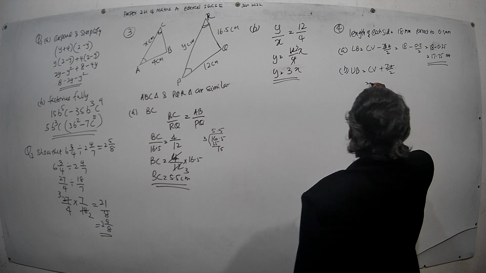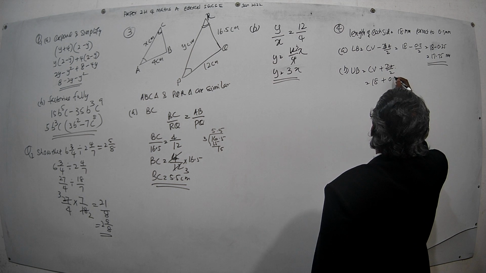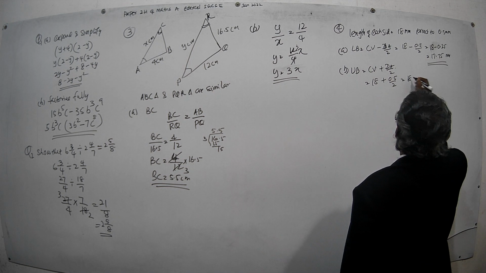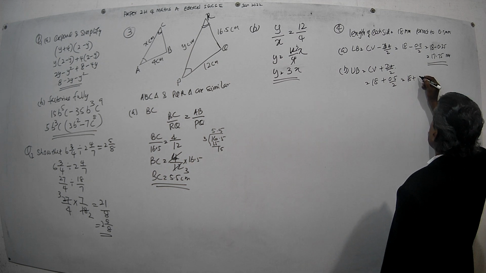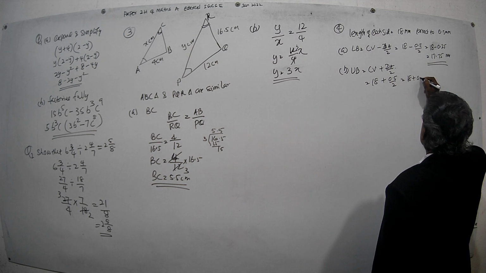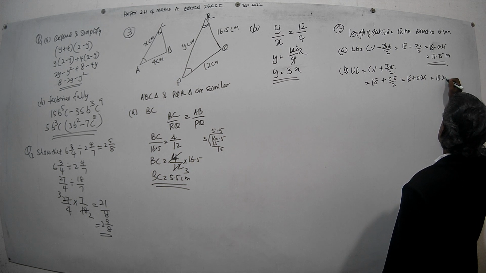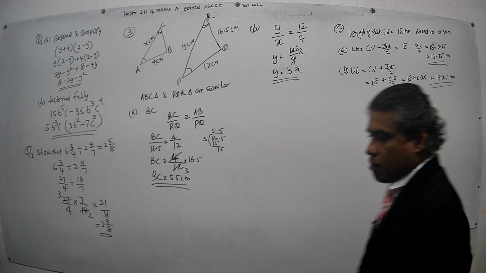The corrected value is 18, and the degree of accuracy is 0.5 over 2, which is 0.25. After adding these two, you get 18.25 millimeters. Right? That is the answer to B.